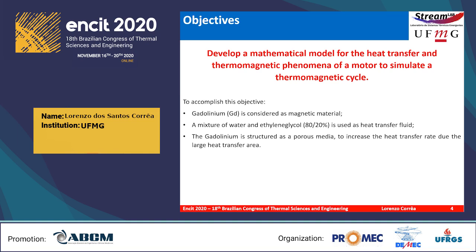A mixture of water and ethylene glycol with 80 to 20% ratio is used as a heat transfer fluid, and gadolinium is structured as a porous media to increase the heat transfer rate due to a large heat transfer area.